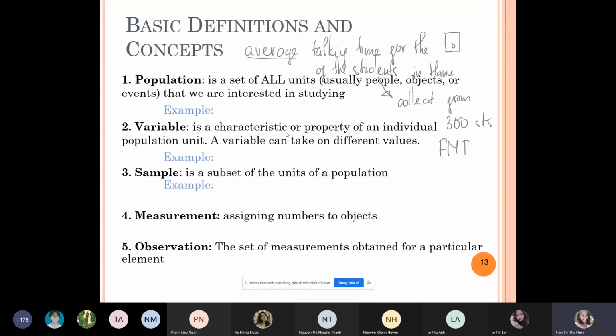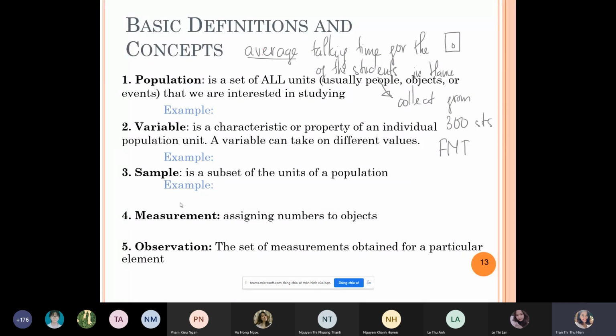And the measurement. The measurement is a scale to measure the variable. So the measurement here may be when I ask how much time you spend talking by smartphone, right? So the measurement may be hours or the unit minutes.